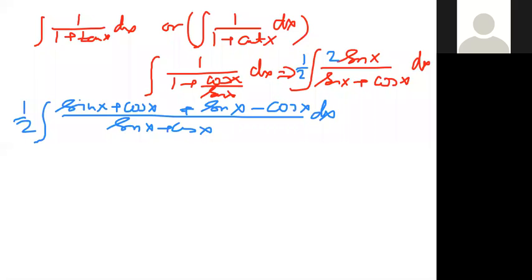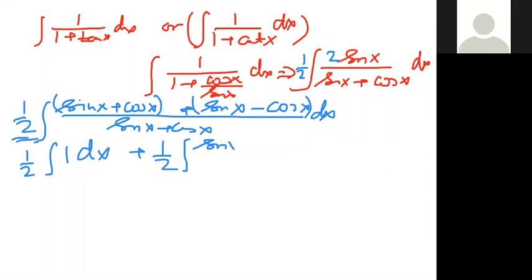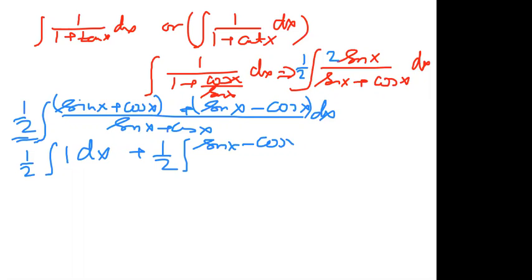Now we are taking it separately. So it will become 1 by 2 integral of sin x plus cos x upon sin x plus cos x, which becomes 1, dx, plus 1 by 2 integral of sin x minus cos x upon sin x plus cos x dx. Now try to see, its integral is very easy.